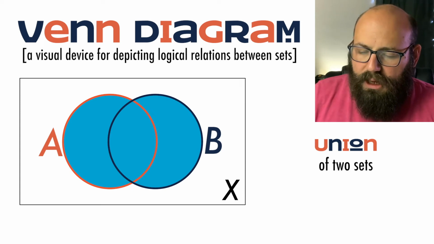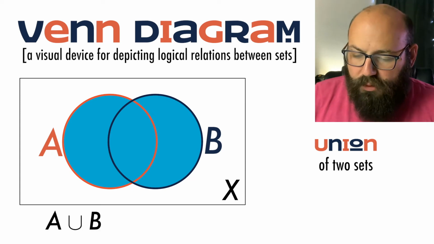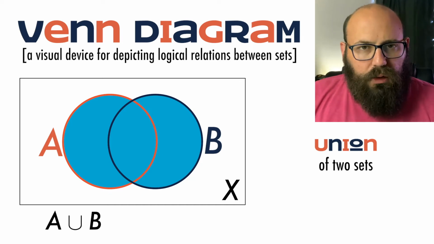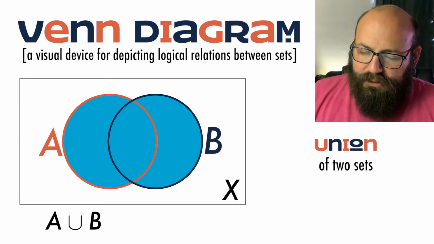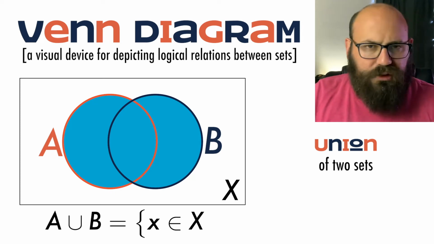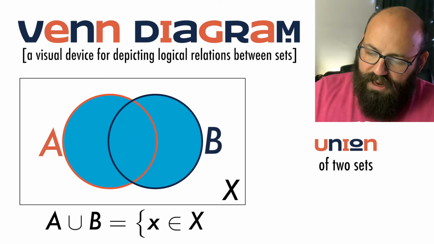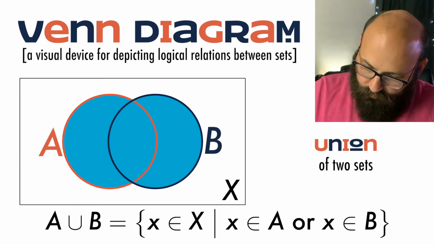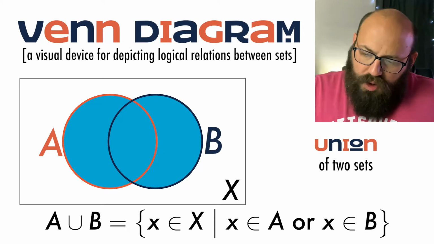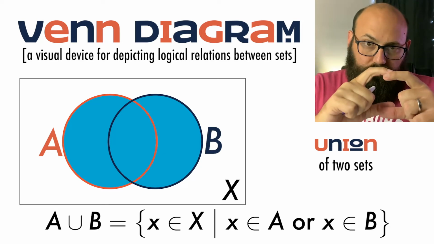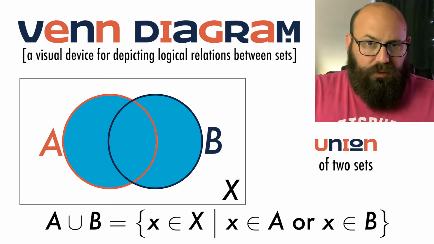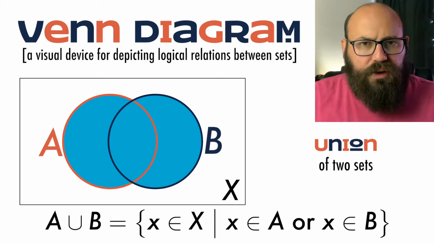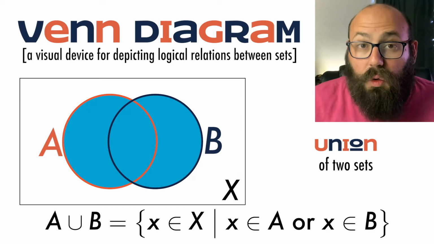So I can write A union B, which is the name of this operator, and look, it's just a rounded V. A union B is the set of all x's in X, the set of all things we're talking about, such that x is in A or x is in B. Or both. Notice that the lens that has both of them in it is part of the union as well. So that's our visual representation of the inclusiveness of our OR operator.